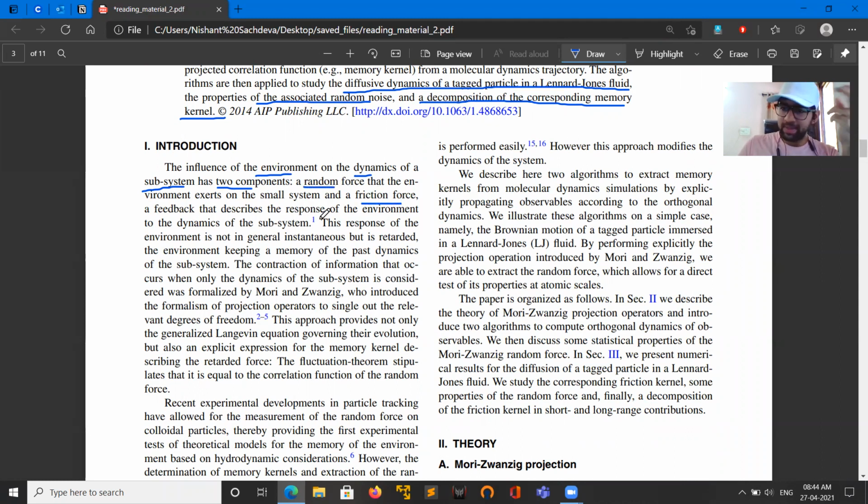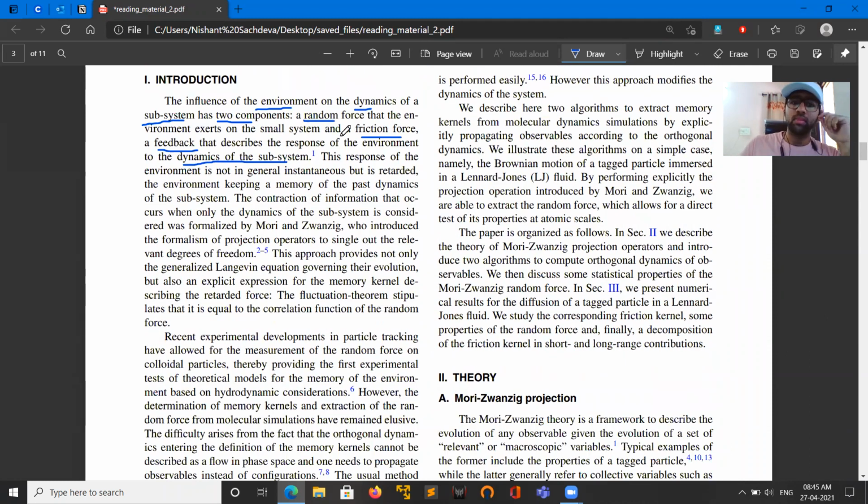The friction force is basically a feedback that describes the response of the environment to the dynamics of the subsystem. So one is directly influencing the subsystem through a random force, and the other is a frictional force. The response of the environment is not instantaneous. It is somewhat retarded. Something happens in the subsystem, and the response comes after a slight delay.